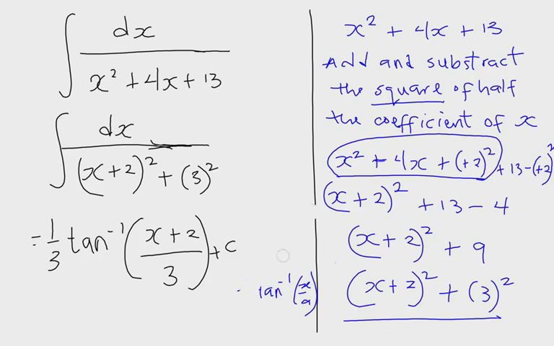So I encourage you to learn how this sum of two squares is done. Write the quadratic expression, add and subtract the square of half the coefficient of x. First look at the coefficient of x, divide it by 2, that's half of it, and then square it, in the form of a bracket. Even if it is negative, still put it that way.